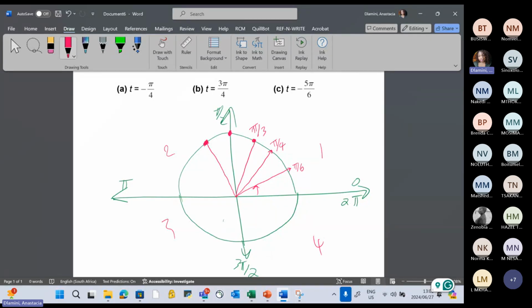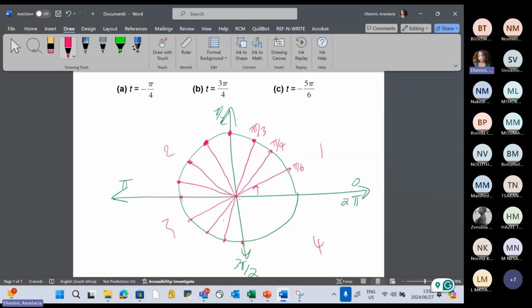And then the second line here will represent the 45, and this one represents the 60, and then comes to 90.